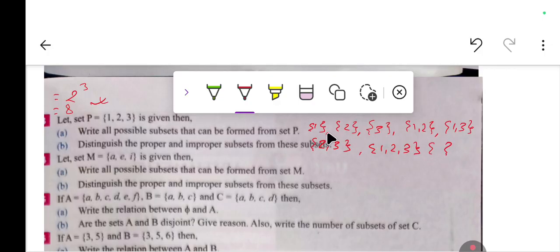Let us count how many there are: 1 2 3 4 5 6 7 and 8. Altogether 8 subsets can be formed from this set P.